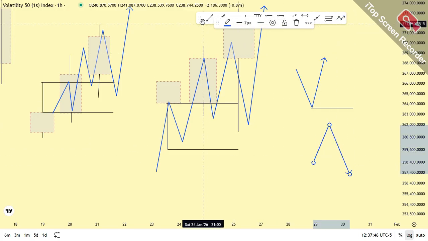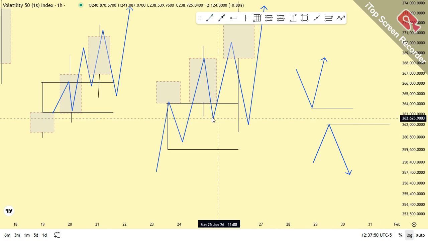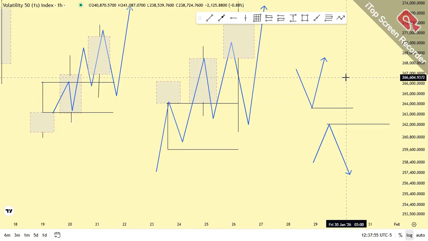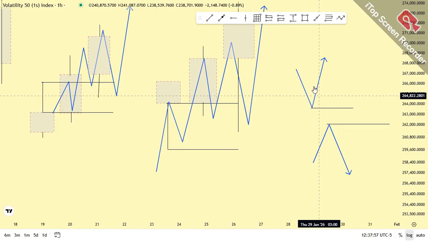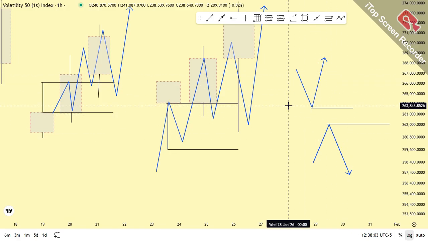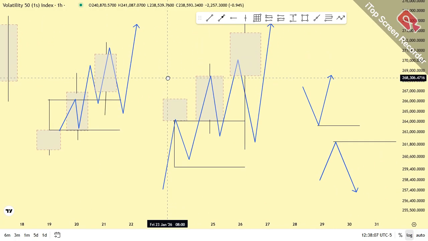It depends on which particular key level is present, but I prefer to use the one that is closer to liquidity. It could be the A shape, it could be the open close level. All right, so that is the idea about this strategy. It's a very simple strategy.